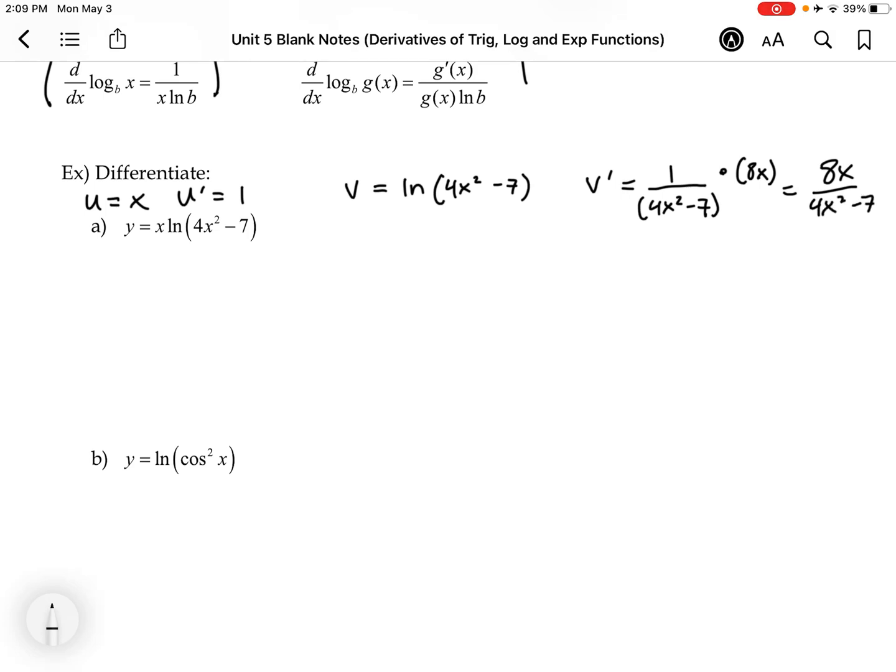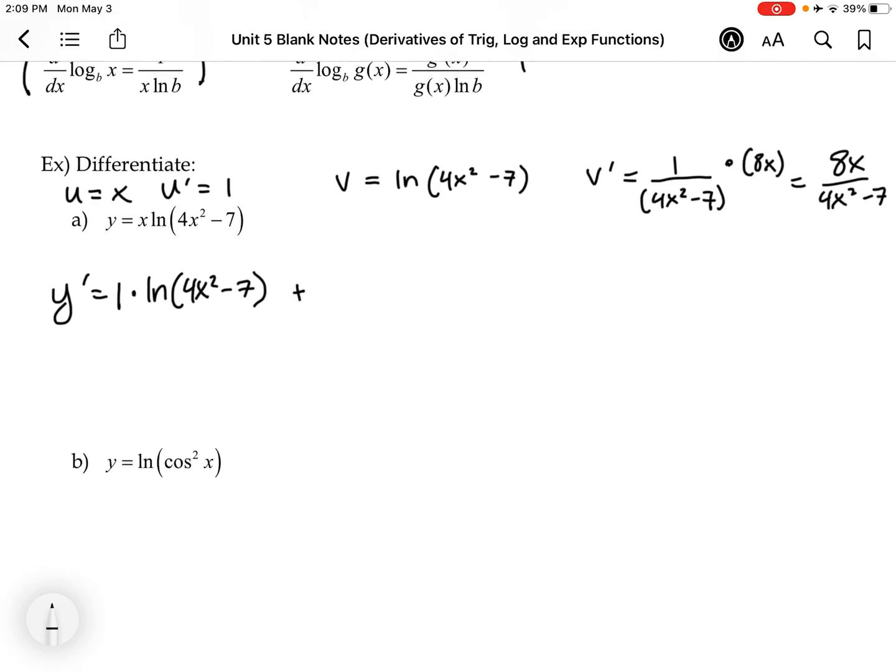Putting this all together, y prime is going to be u prime v, so that's 1 times the ln of 4x squared minus 7, plus u v prime, x times 8x over 4x squared minus 7.